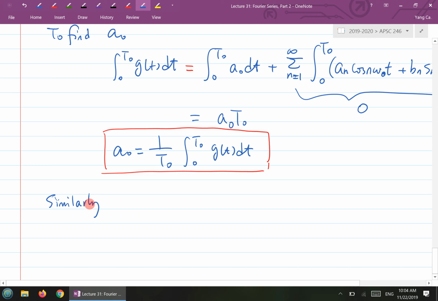I like the word similarly, so I skip a lot of details and let you do the work. So an equals this.